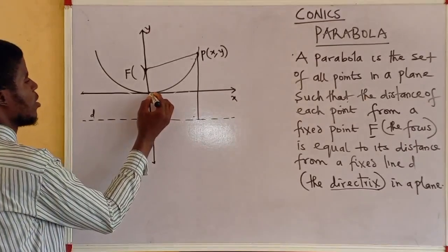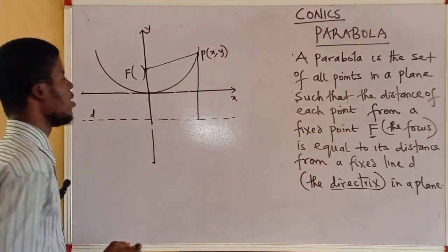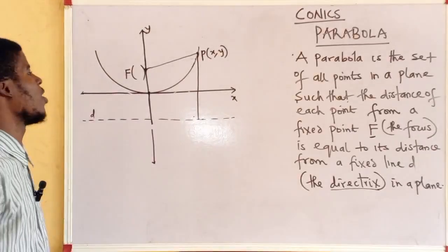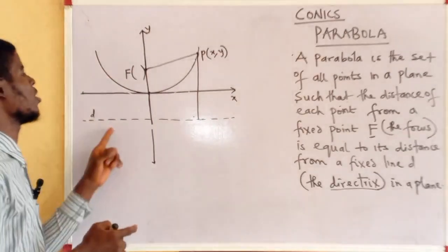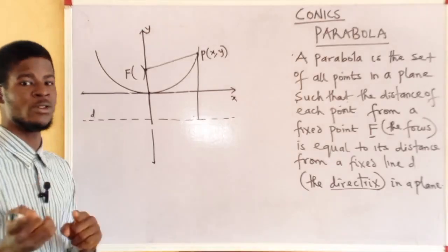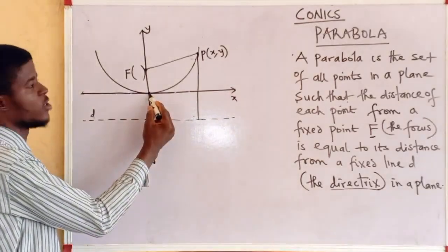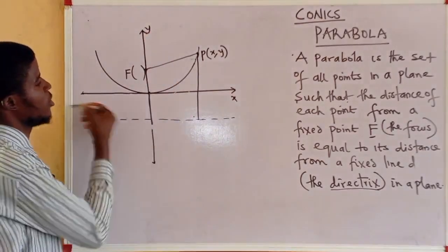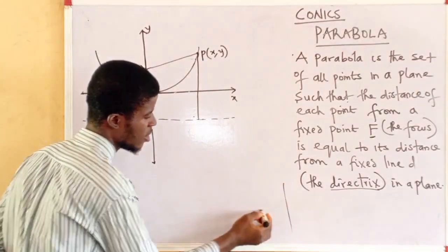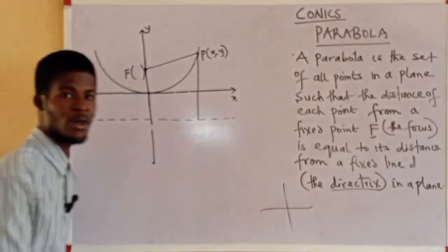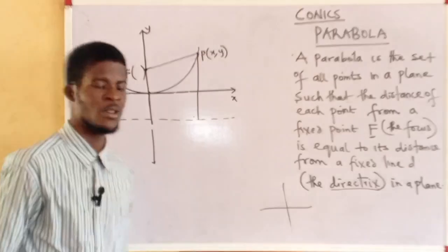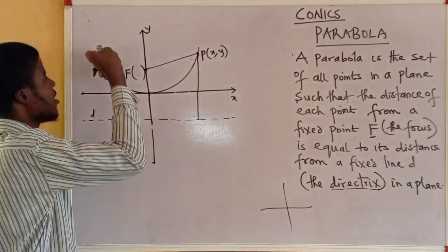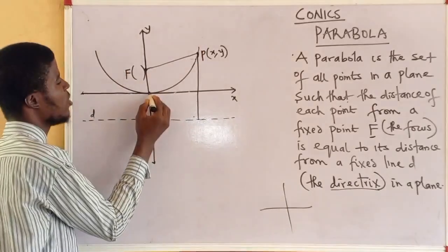This point is called the vertex. It is the turning point on the parabola. It is the point where the parabola changes direction. This point is also the origin, where the x and y axes intersect. This point is the origin, x equal to 0, y equal to 0. So we can see that the vertex of this parabola is at the origin.